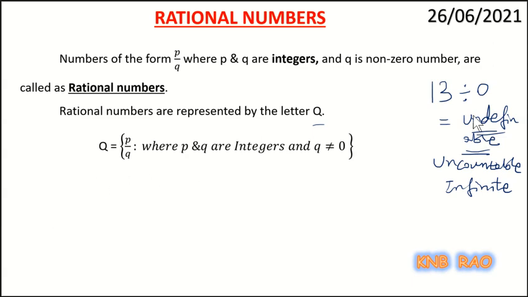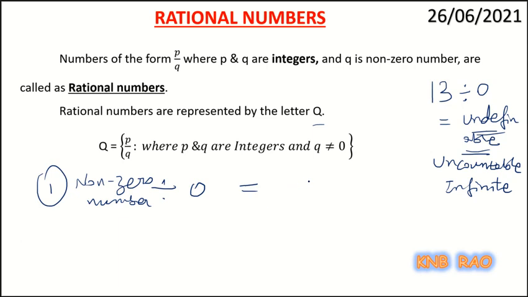Here, when the denominator is 0 and the numerator is any non-zero number, that time we get infinity. Example, 13 upon 0 is infinity.